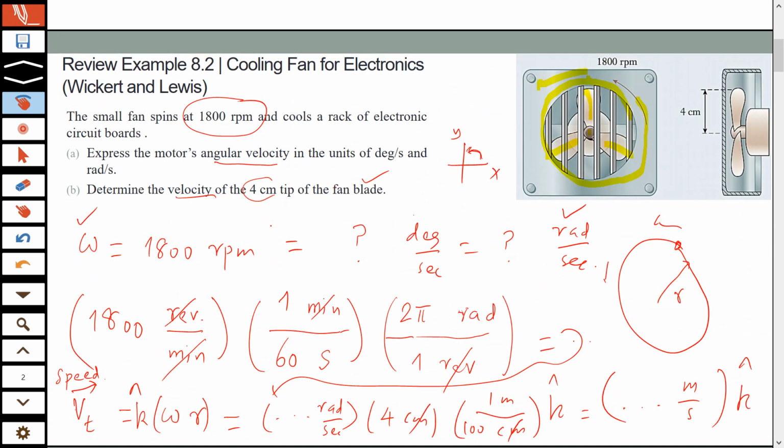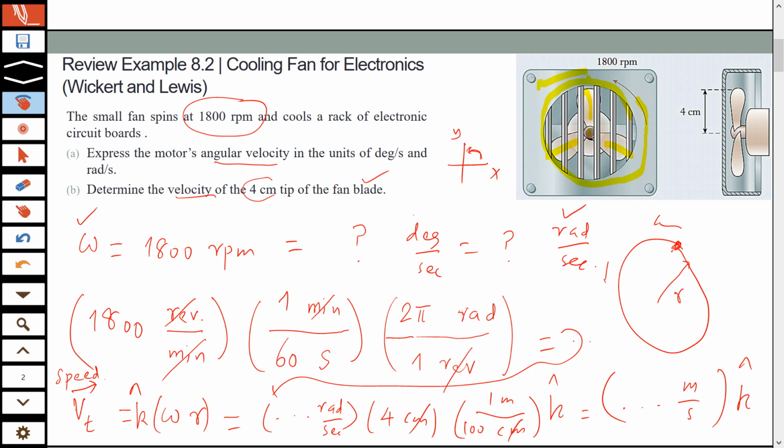So do you see the particle part here, that we have replaced this whole body? We cannot replace the whole body by a particle in this case because it's rotation, but we only consider the tip of the fan. Here no mass is involved, so we can't do that.